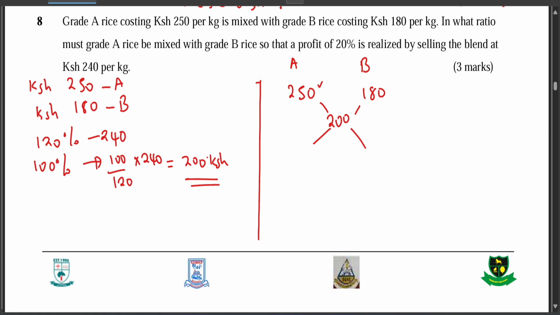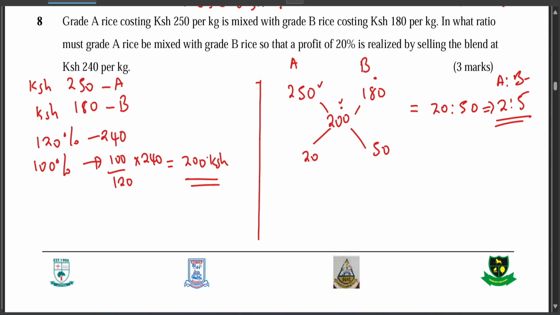So you take 250 minus 200, it gives 50. You take 200 minus 180, it gives 20. So the ratio of A to B will be 20:50. Now if you simplify it, it gives you 2:5. And that's the ratio of A to B.